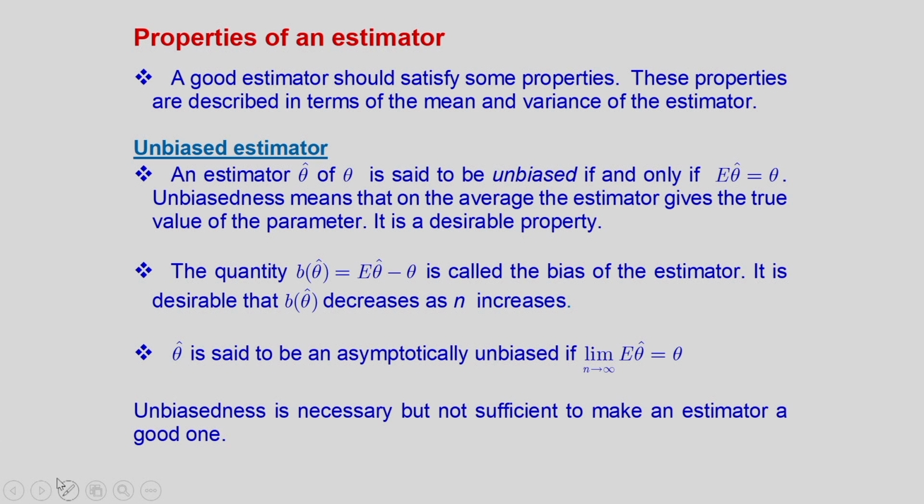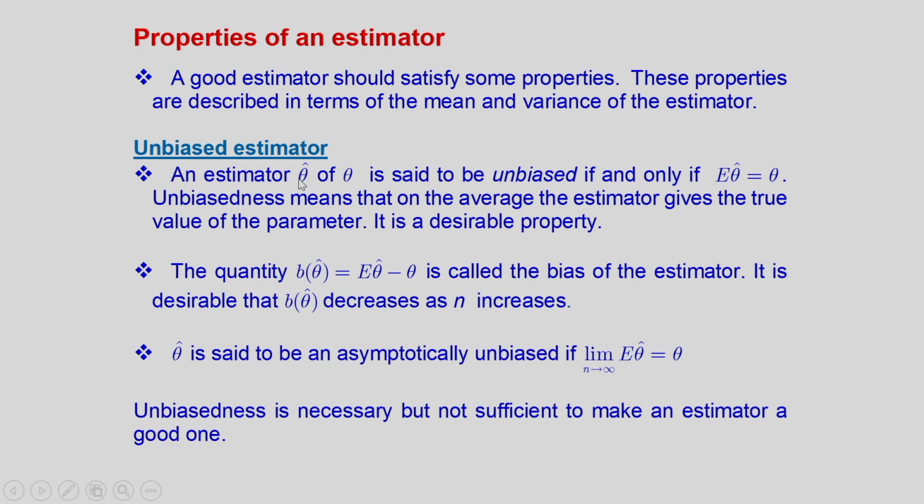Let us discuss the desirable properties of an estimator. A good estimator should satisfy some properties. These properties are described in terms of the mean and the variance of the estimator. First, we will discuss unbiased estimator.